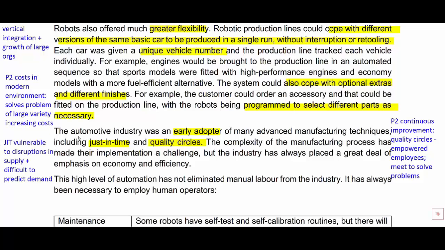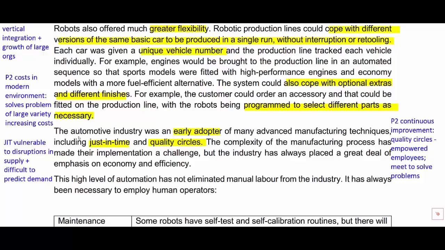And one of them would be disruptions to supply. Just-in-time method means the car manufacturer is actually very vulnerable to disruptions in the supply. And you'll know that just-in-time deals with short lead times, close relationships with suppliers, having the minimum inventory, minimum holding costs, and getting things right the first time so that defects are not passed along the line.